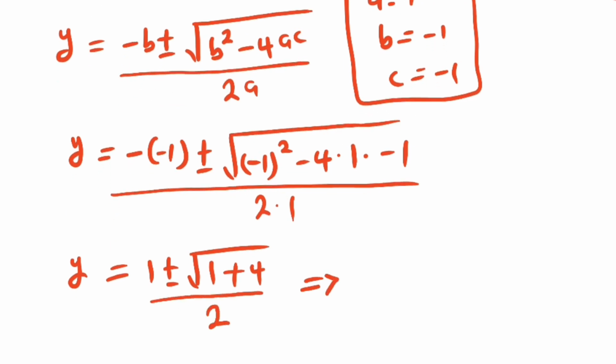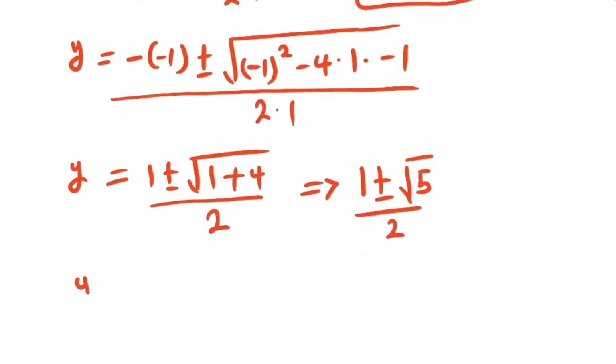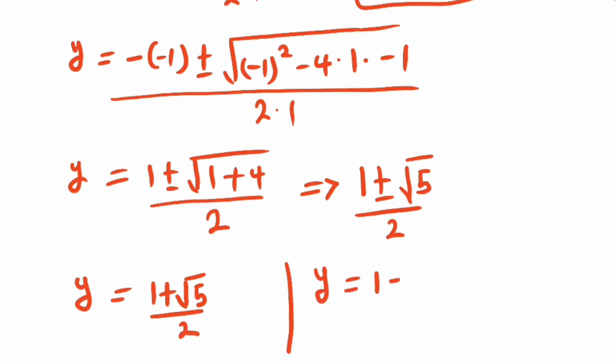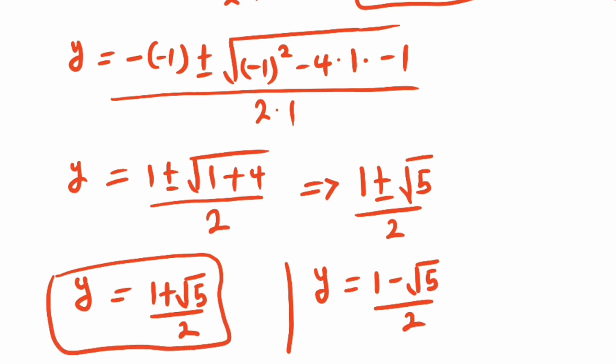This is the same thing as 1 plus or minus square root of 1 plus 4, that is 5, over 2. Therefore, y is equal to 1 plus root 5 over 2, or y is equal to 1 minus root 5 over 2. These are the values of y.